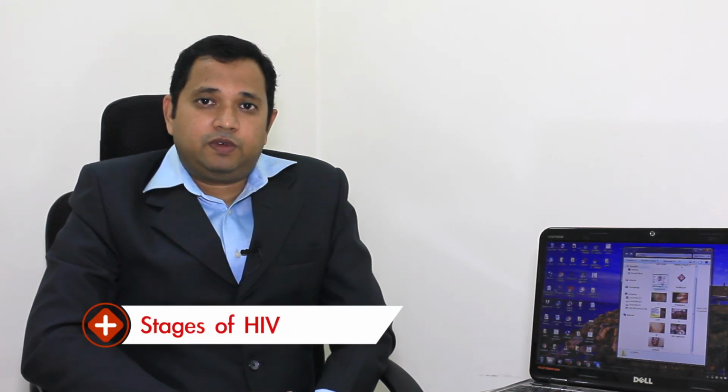Likewise, if the patient is having symptoms in the stomach, like sometimes the patient will complain of loose motions, vomiting, then we might suspect that the patient is having some abdominal infection. So depending upon the organ of infection, the patient might complain with various symptoms. So there is no symptom which is very specific of HIV, but depending upon the organ of infection, the symptoms might vary.